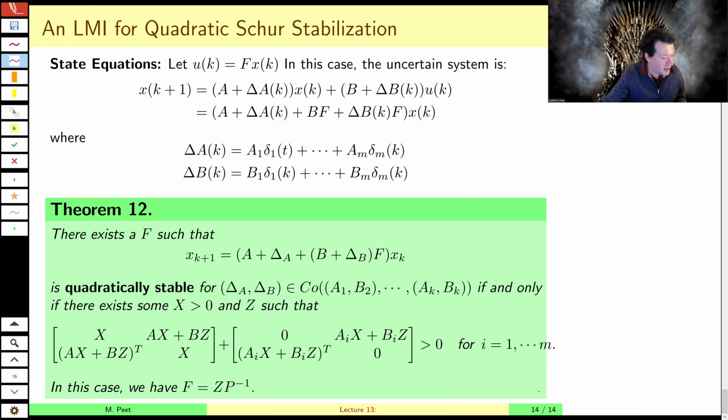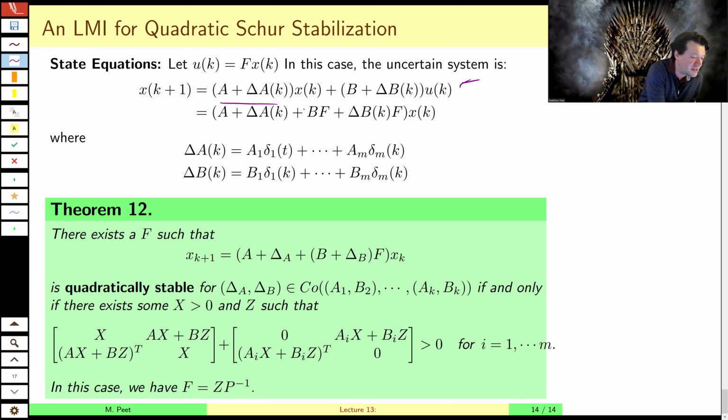And just for completeness, this also works for discrete time. So if you have the discrete time system given here, here we don't have the output, but I'm sure if you wanted to do it, you could.